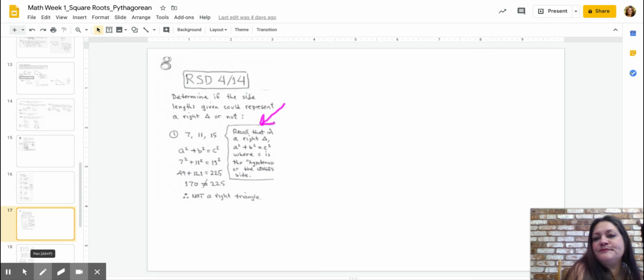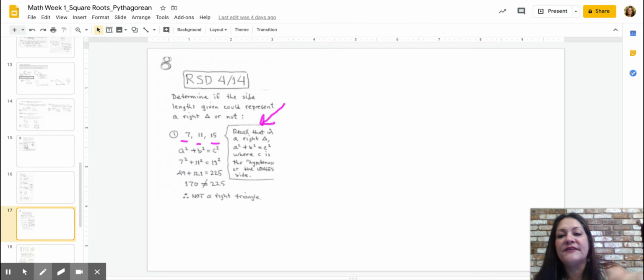All right. So our first one gives us 7, 11, and 15. We know that 15 is going to be our hypotenuse, or c, because it's the longest. So with our equation, a squared plus b squared equals c squared, plug those in. 7 squared is 49. 11 squared is 121. 15 squared is 225.